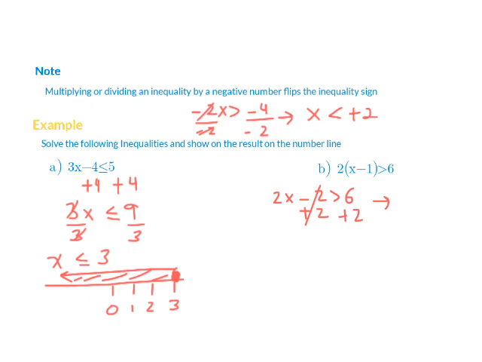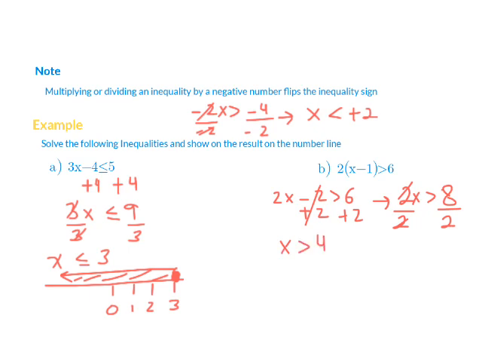So it becomes 2x is greater than 8. I will divide the left hand side by 2 and the right hand side by 2. So x becomes greater than 4.